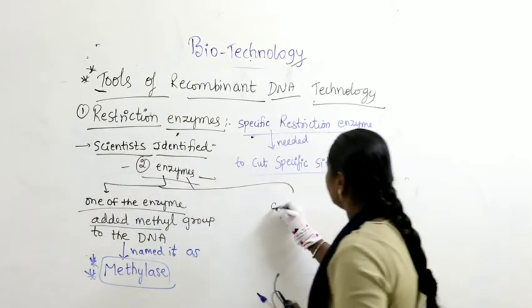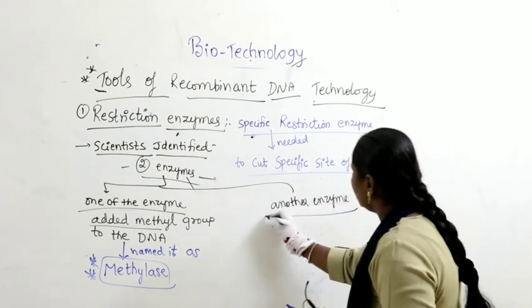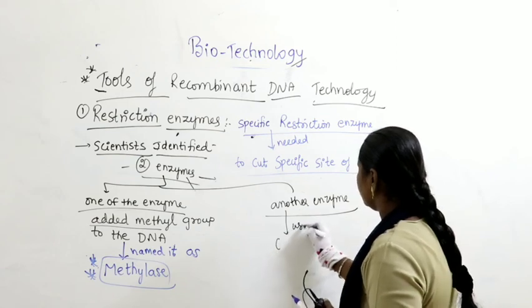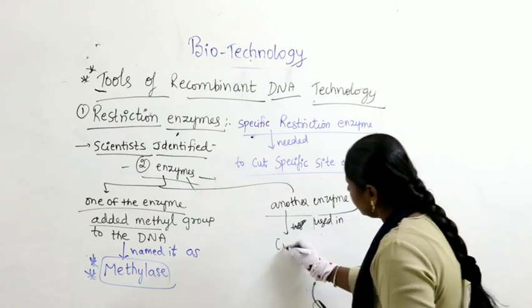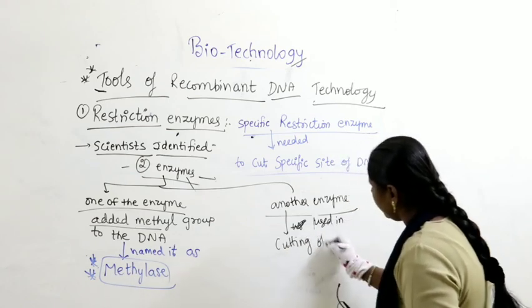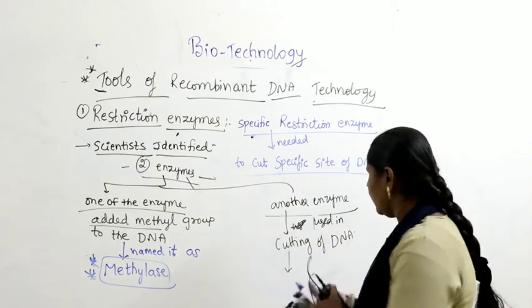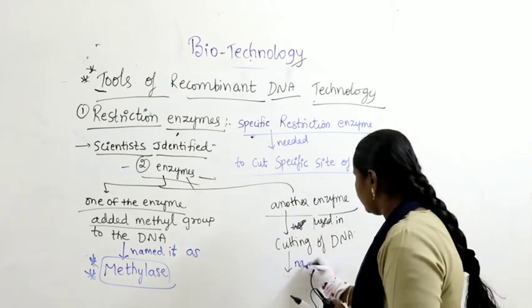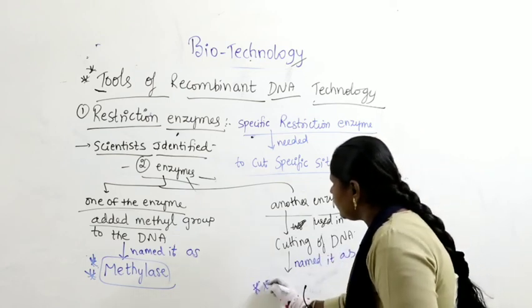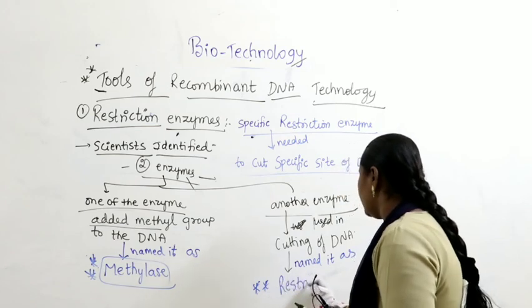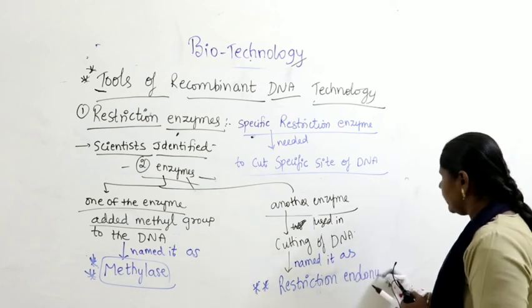Another enzyme was found to be used in cutting of DNA, and it was named restriction endonuclease.